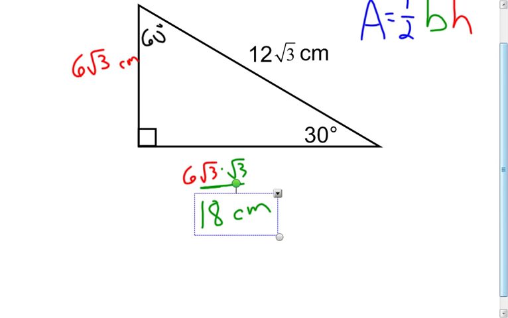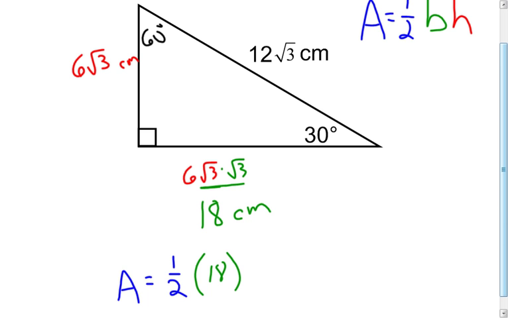I can let this be the base, I can let this be the height, and I can find the area of my triangle to be 1/2 times the base times the height. If I multiply that all together, I'll find my answer.